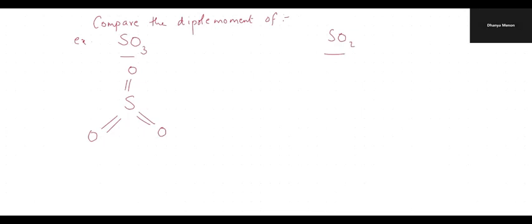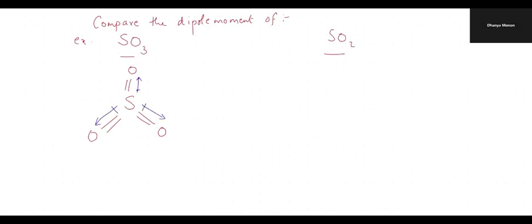This is also a symmetrical molecule, same from all the sides, and the surrounding atom is the same. There is no lone pair, which is also a condition. So what is the direction of the dipole? From less electronegative sulfur to more electronegative oxygen, for all three.